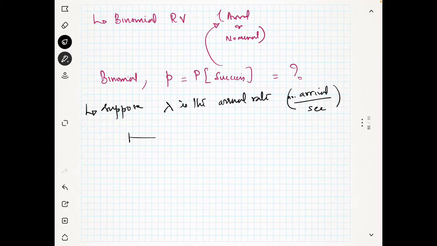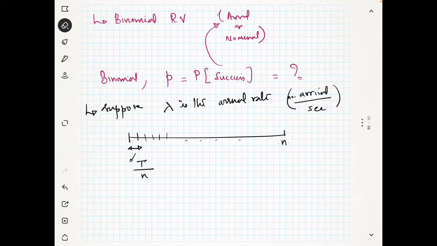So we are considering a small block duration with n equal to 11. Each block will have a time duration t by n. How many arrivals can we expect in this particular block? The block duration is very, very small. Let's say this small duration is delta d.